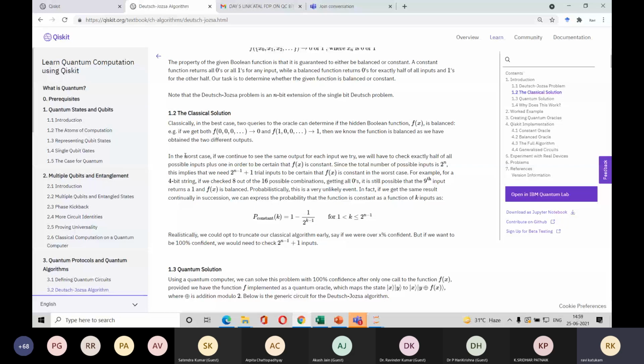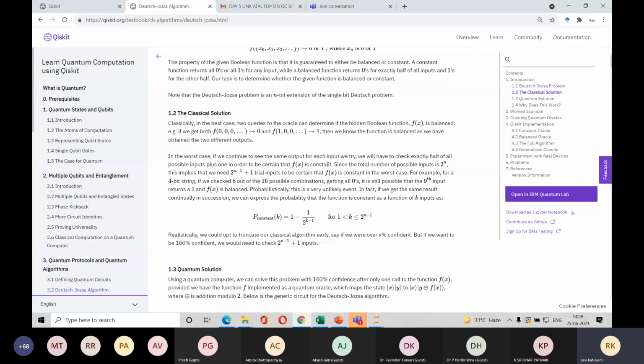In the best case, 2 queries to the oracle can determine that the hidden Boolean function is balanced. That is, if for the inputs you get 0 and 1, then we know the function is balanced, as we have obtained 2 different outputs. So after 2 iterations, you came to know that this is balanced. In the worst case, we continue to see the same output for each input we try. We will have to check exactly half of all the possible inputs plus 1 in order to be certain that f of x is constant.